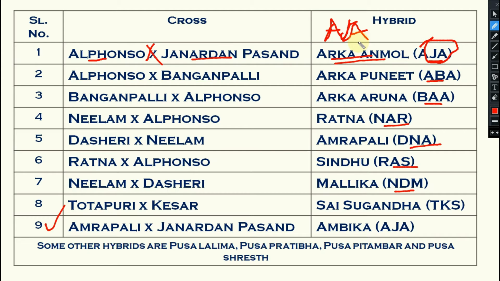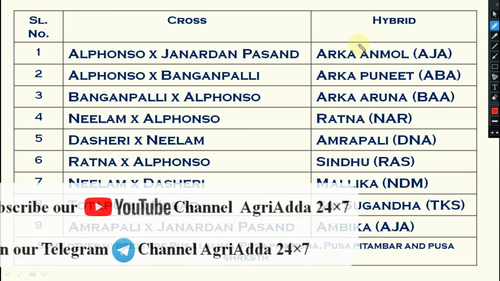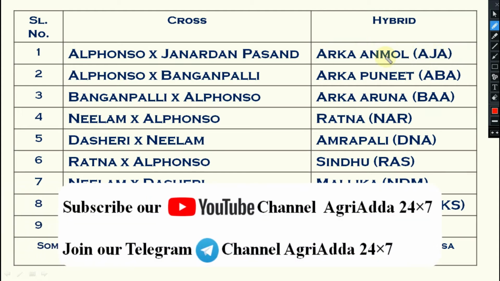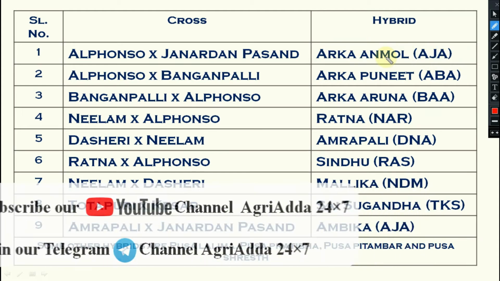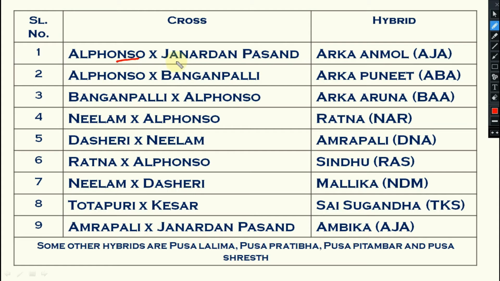Understood up to this? So now please remember the different crosses. Orca Anmol is produced by the cross of Alfonso and Janardhan Pasand. That's why it is written as AJA. Similarly, Orca Punit is the cross between Alfonso and Banganpalli. That's why it is ABA.